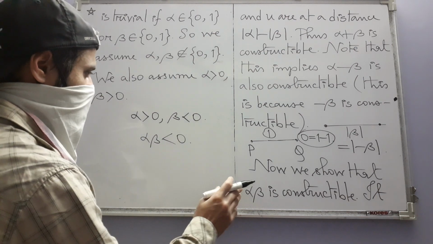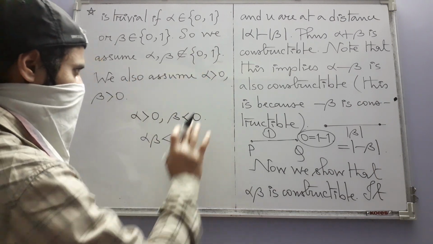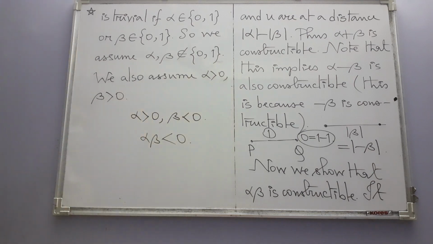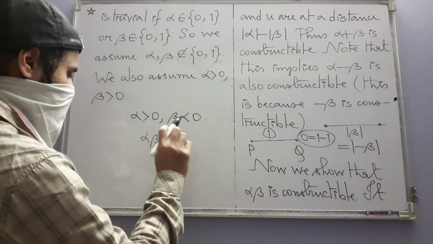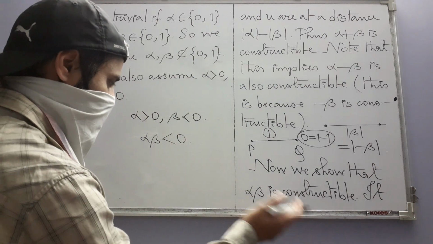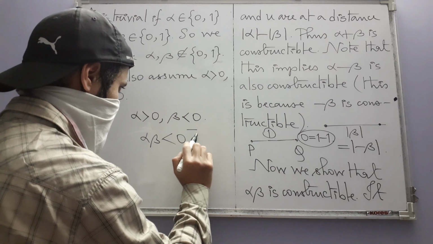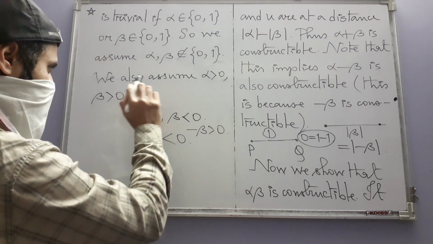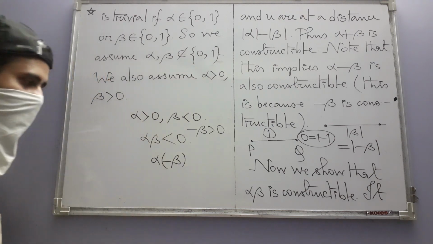But say you have proved that alpha beta is constructible only when alpha and beta are positive. But then constructibility of beta, which is given, already implies that minus beta is constructible. So minus beta is positive. So according to this result, alpha times minus beta will be constructible.